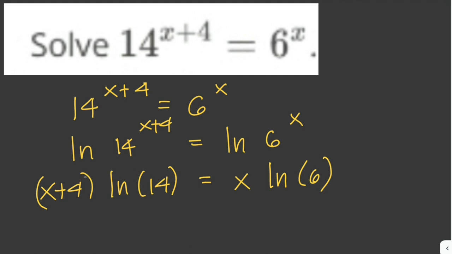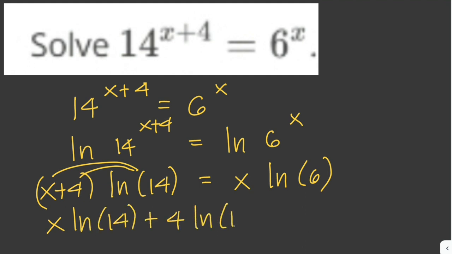And now we can distribute ln of 14 to the expression in the parentheses, which is x plus 4. So this is just x ln of 14 plus 4 ln of 14 equals x ln of 6.